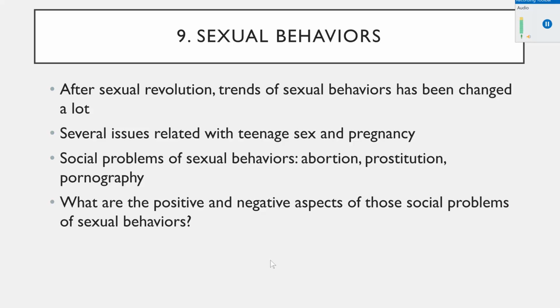We cannot describe this issue in one simple word, but these are some big changes after the sexual revolution. And social problems of sexual behaviors include abortion, prostitution, and pornography.